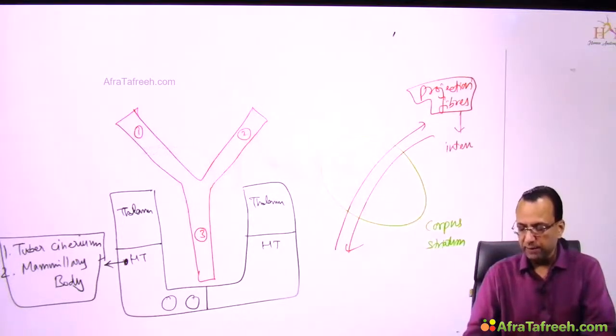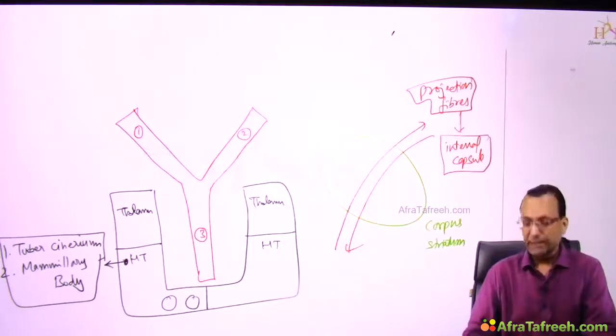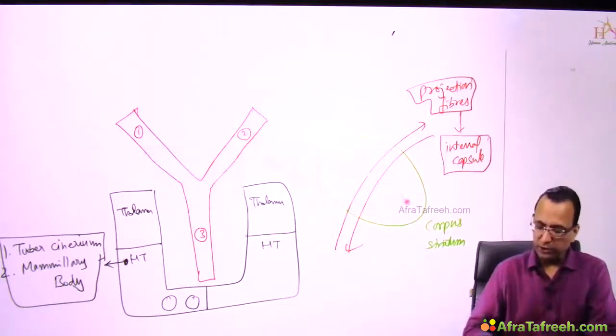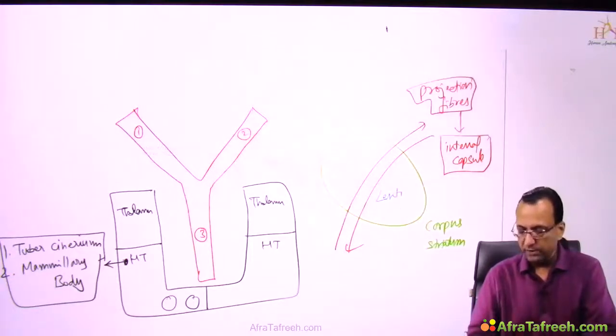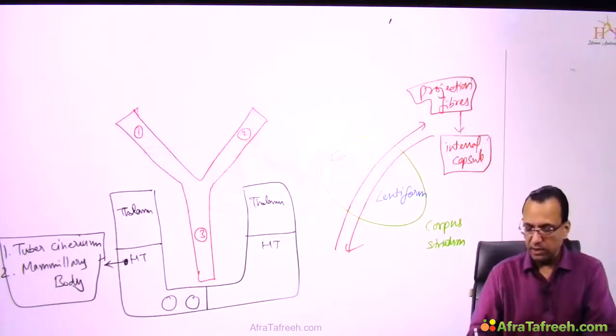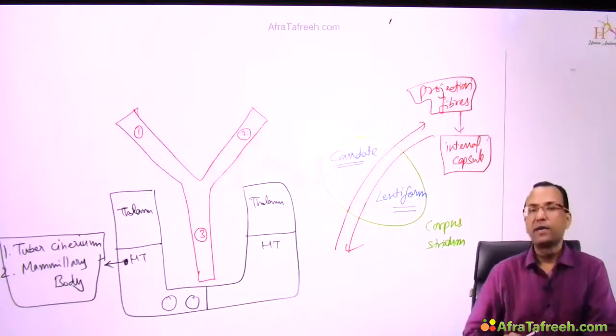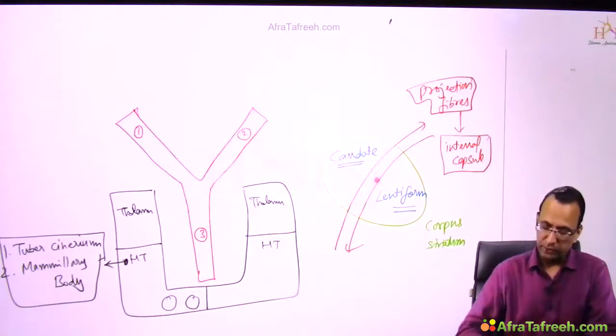This internal capsule was bisecting the corpus striatum into two parts such that the lentiform nucleus is always lateral. And what is medial? That is the caudate nucleus. So the caudate nucleus is medial and the lentiform is lateral to the internal capsule. This orientation we wanted to have.